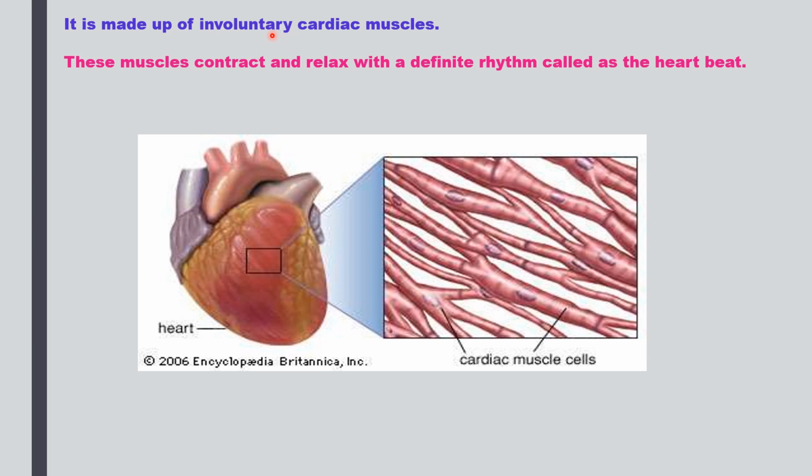We cannot control the rhythmic beating of the heart. So the heart is made up of involuntary cardiac muscles, and these muscles alternately contract and relax with a definite rhythm, and this contraction and relaxation of the heart with a definite rhythm is called the heartbeat.